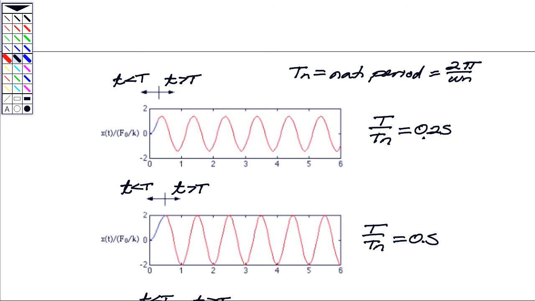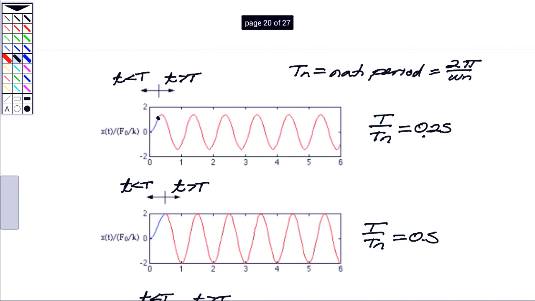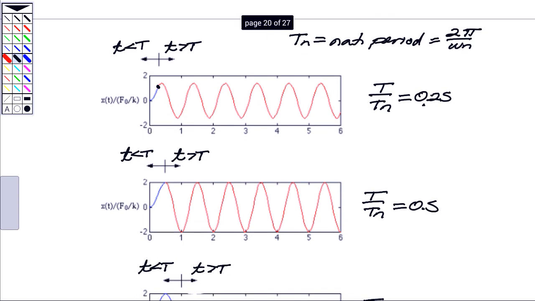What we see here is the blue section, just to the left of this dot, is the response during the time that the pulse is on. The red, which occurs after that, is the ringing that we get even after the force is off. As we increase the ratio up to 0.5, the blue represents the response during the time the pulse was on.